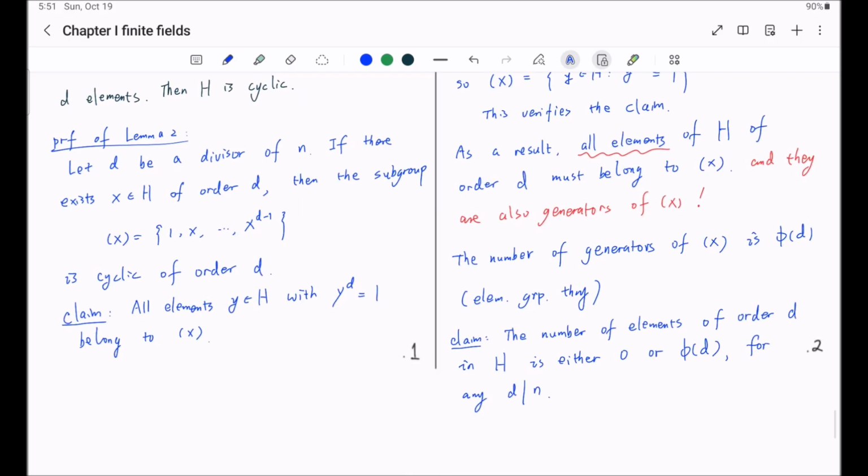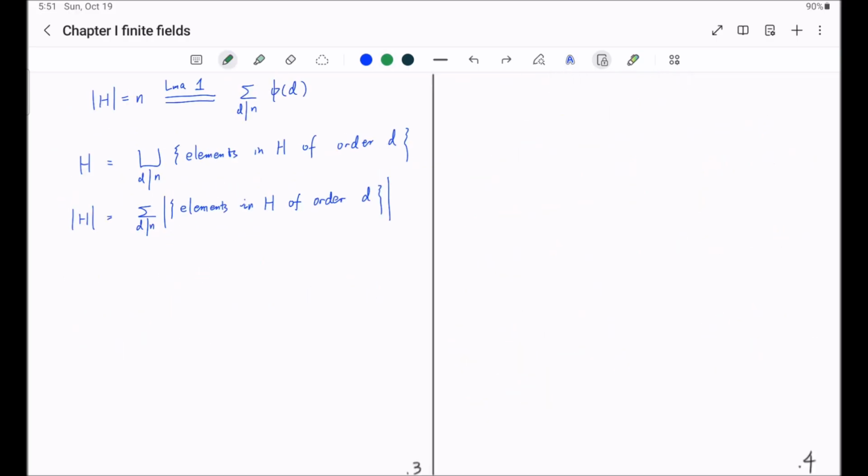But from the second claim down here, we know that the set must have a cardinality of either 0 or phi of d. So this guy is either 0 or phi of d.